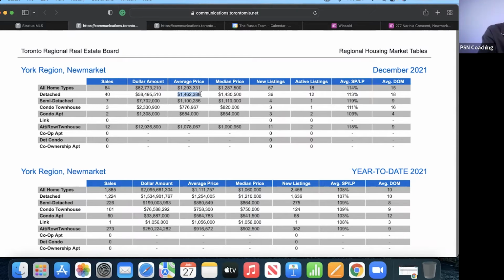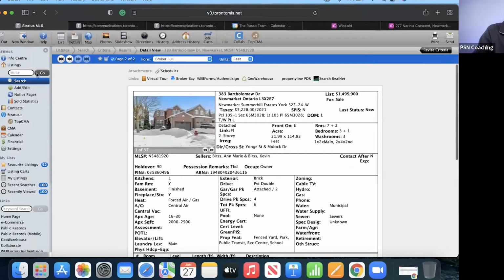And if we add the multiple that the market has gone up in this area since that point, we're roughly about 1.5. So we are above the average price. But the important thing is that we're the only bungalow for sale in the Summerhill area. If we look at how many bungalows are for sale in all of Newmarket, I wouldn't be surprised if we were one of the only ones as well.